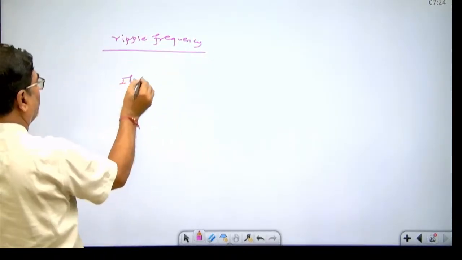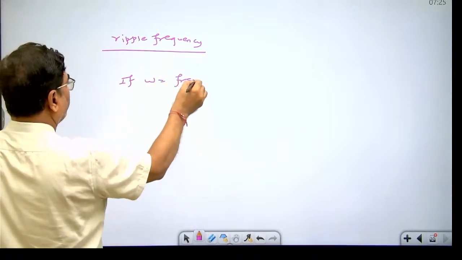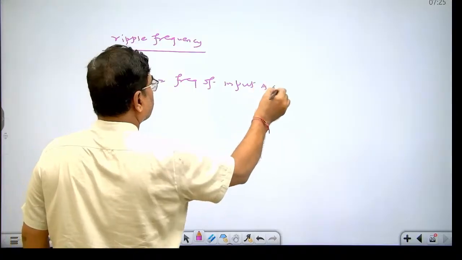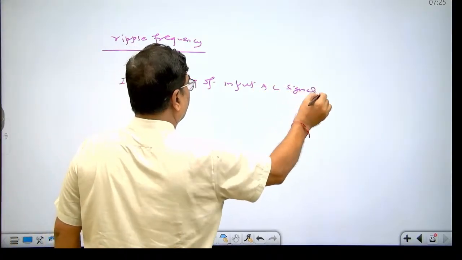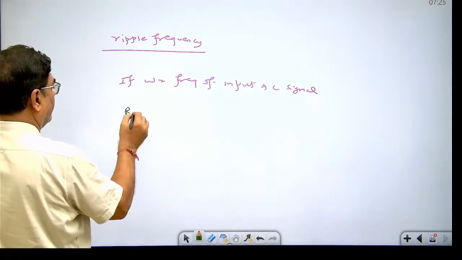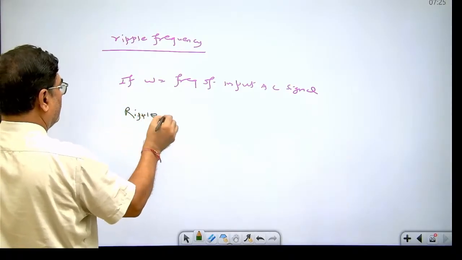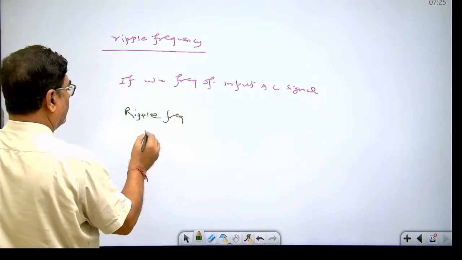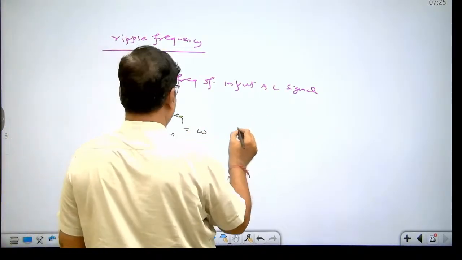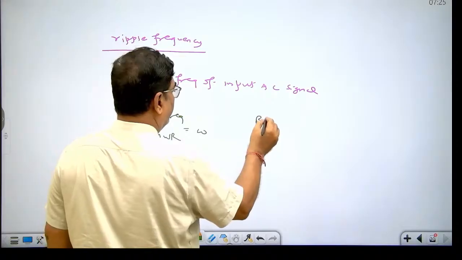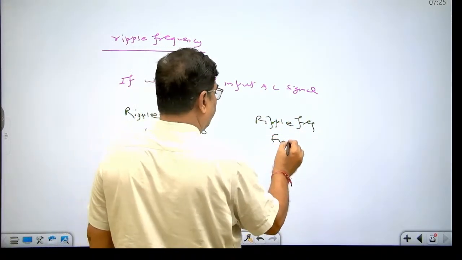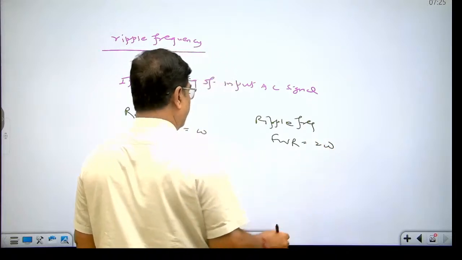If omega is the frequency of input AC signal, so by Fourier analysis, the dominant ripple frequency in half wave rectifier is omega, and dominant ripple frequency in full wave rectifier is 2 omega.